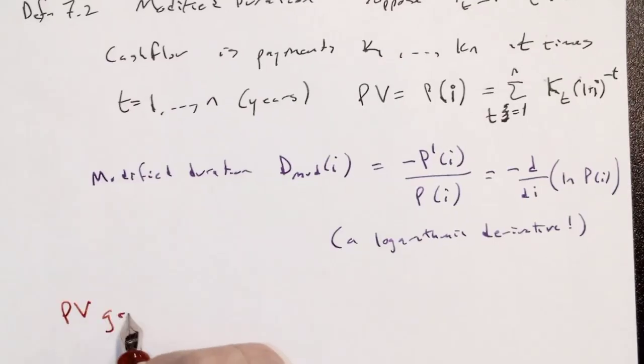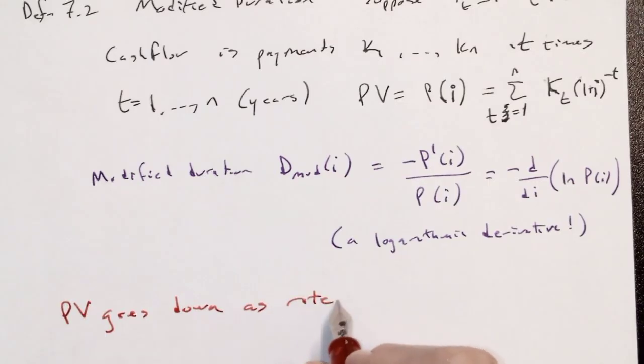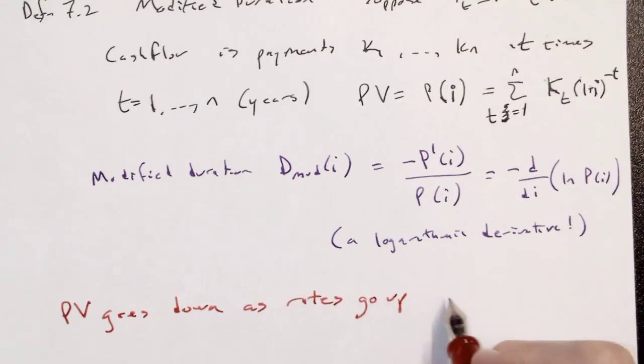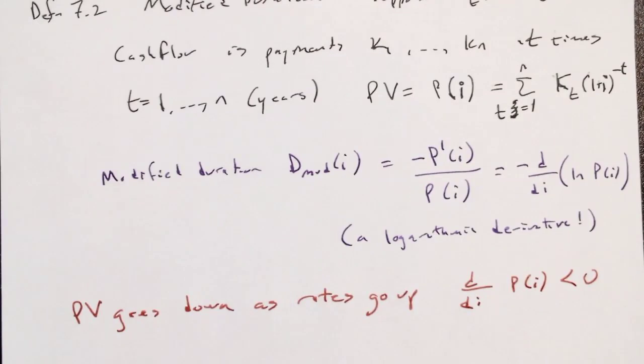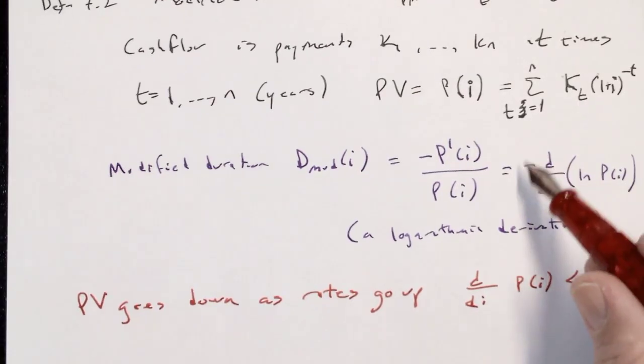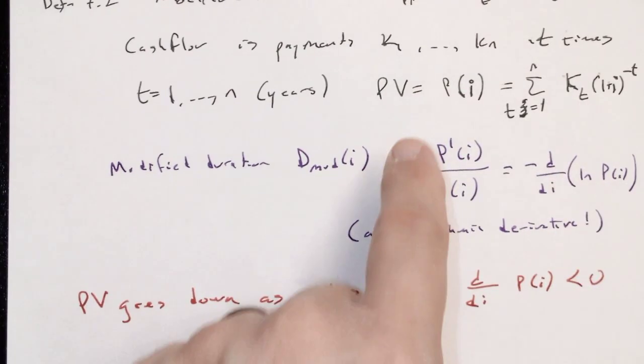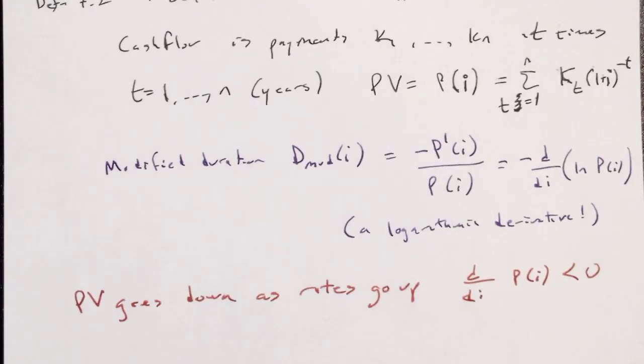Present value goes down as rates go up. dP/dI is negative. As the rate increases, present value goes down. That's why I need this minus sign right here, because I want duration to be a positive idea.